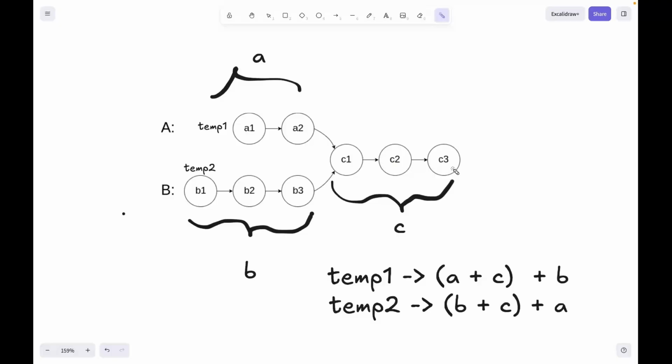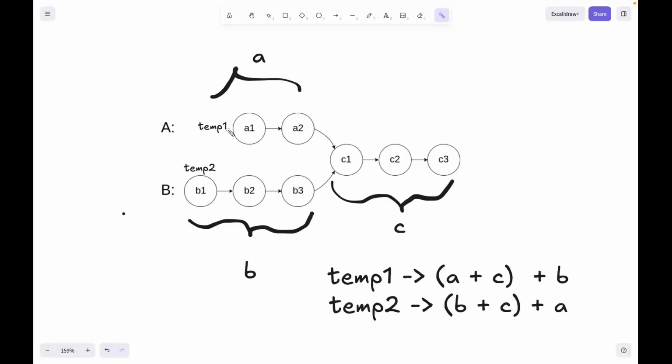And there is a twist. When temp 1 reaches null, I will say, temp 1, move to the head of the other linked list. I will do the same thing for temp 2: when it reaches null, move to the head of the other linked list. Let me explain what will happen.